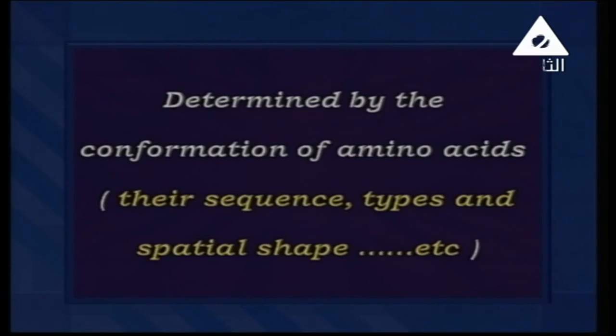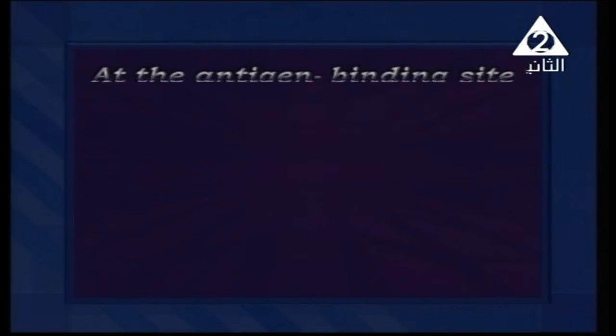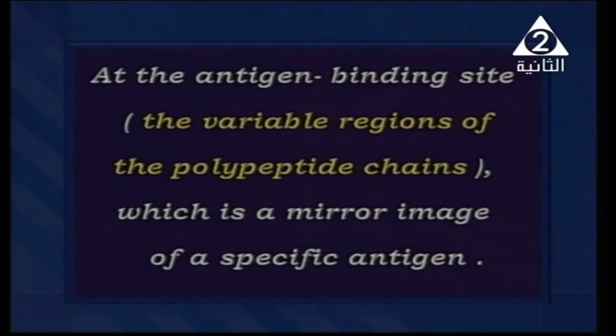It is determined by the conformation of amino acids, their sequence, types, and spatial shape, and so on. At the antigen binding site, the variable region of the polypeptide chains is a mirror image of a specific antigen. As we said, it looks like the key and its lock, or lock and its key.